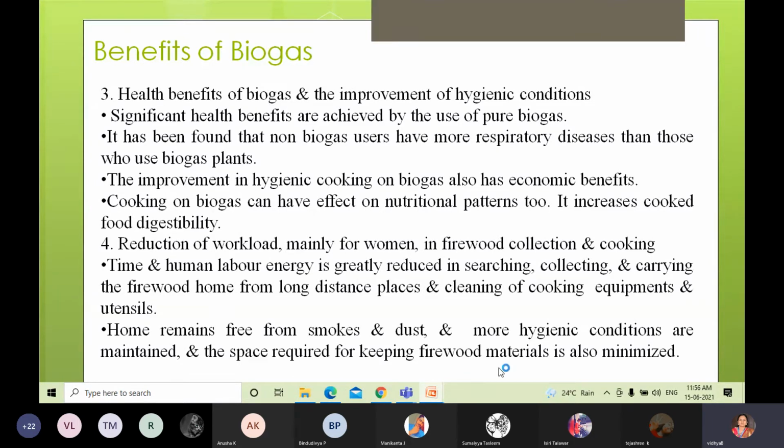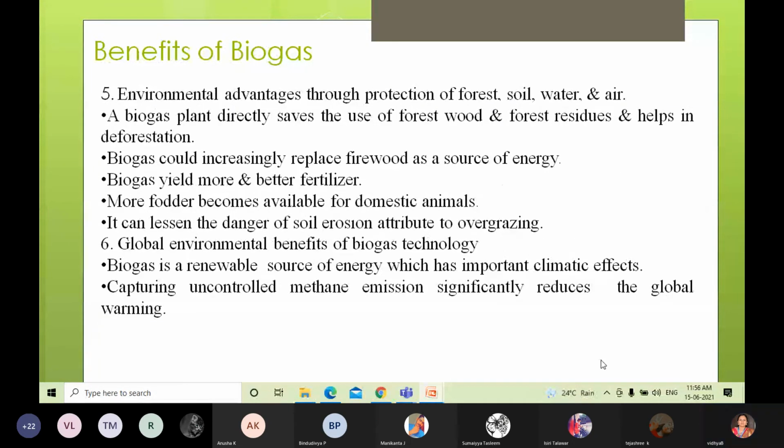And the space required for keeping firewood is also minimized. If we collect firewood for 1 or 2 months, we need space to keep it. So that space is minimized.